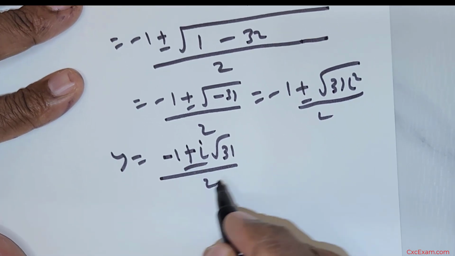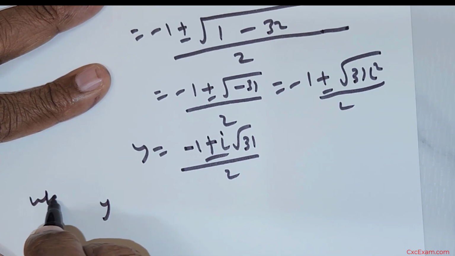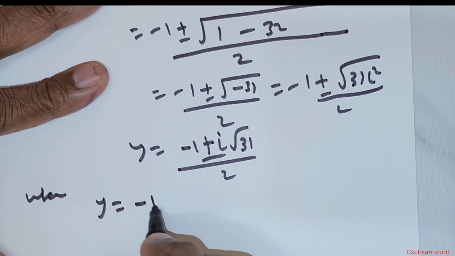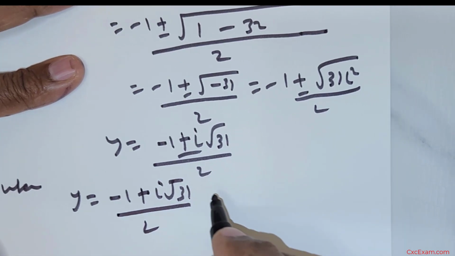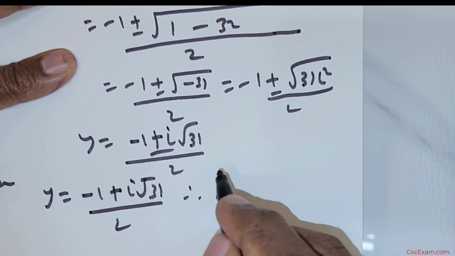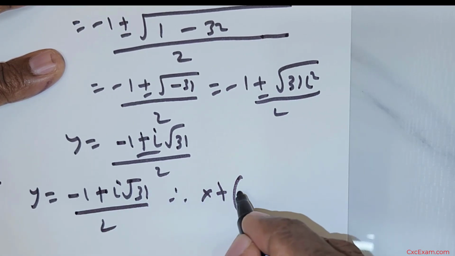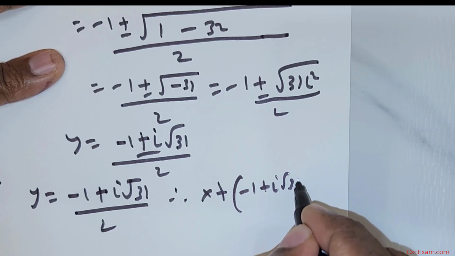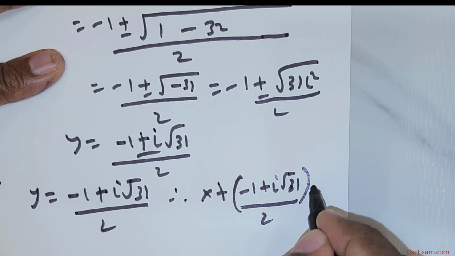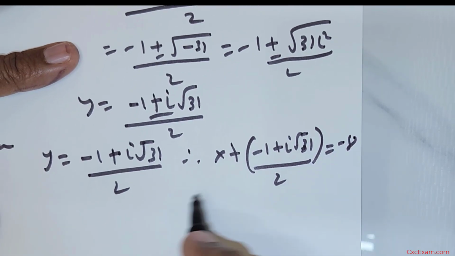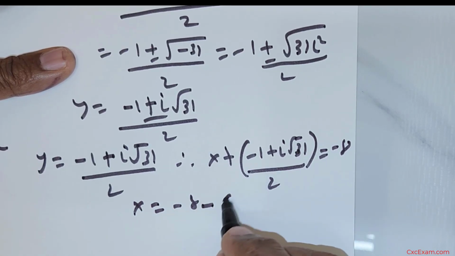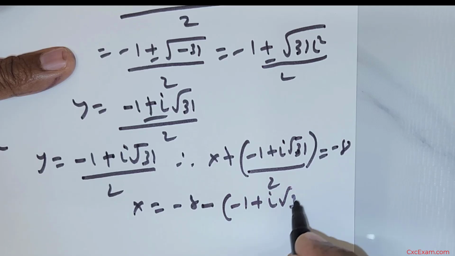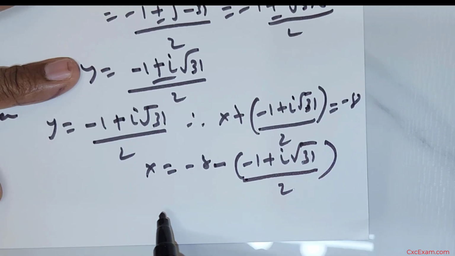So if or when y = (-1 + i√31)/2, what happens to x? Therefore x + (-1 + i√31)/2 = -8. You take it to the other side, so x = -8 - (-1 + i√31)/2.